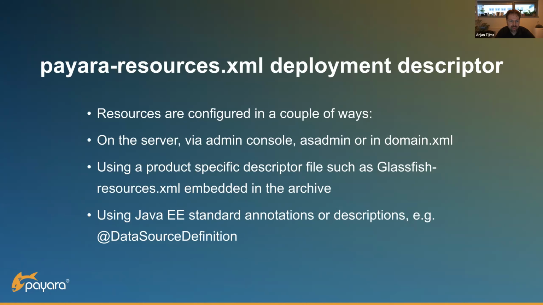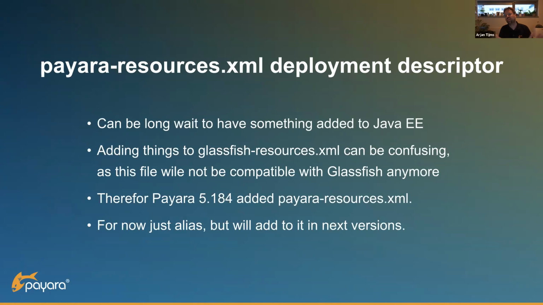So as I mentioned, they can be added to Java EE, and they are in Java EE, but it can take a long time for new things to be added there, since you have to wait for the entire spec release cycle to finish. There's a lot of discussion going on. So it's a slow process still. Even with Jakarta EE, it's probably not going to be fast.